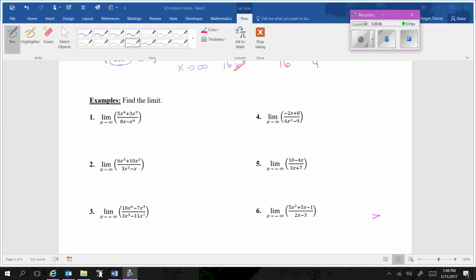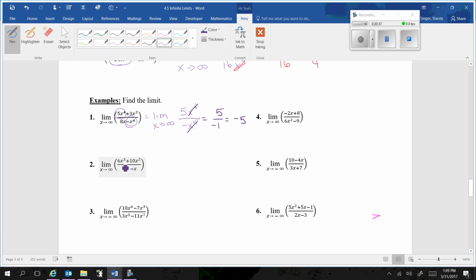So number 1, if I look at my highest powers, I would have 5x to the fourth divided by negative x to the fourth. Well, my x to the fourth cancel out, but that negative's still there. So I end up with 5 divided by negative 1, which gives me negative 5.